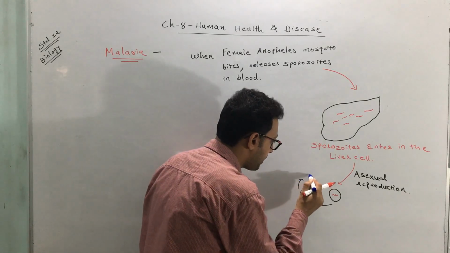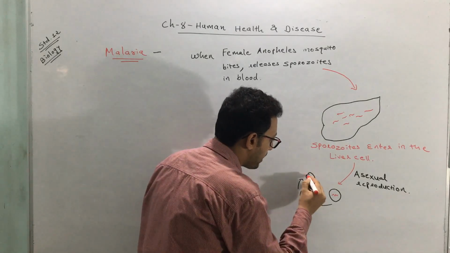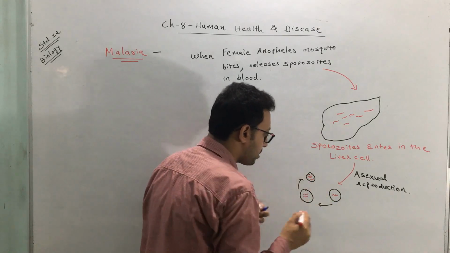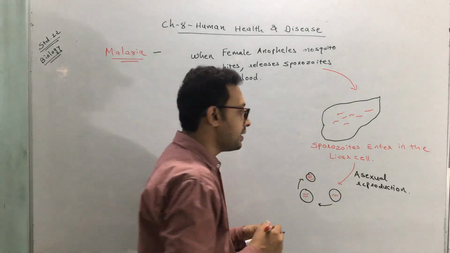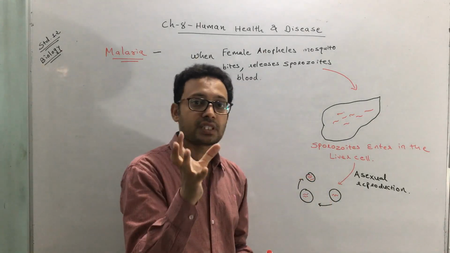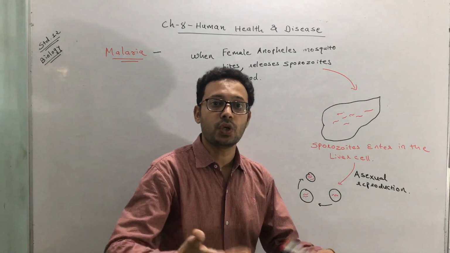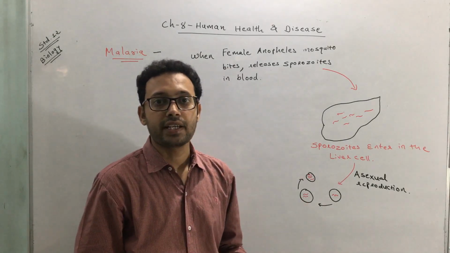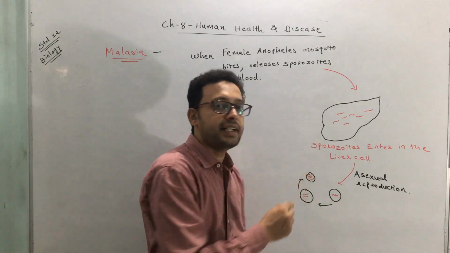Again it will multiply. So their numbers are increasing by reproduction, and ultimately that leads to a bursting of the cell, because their numbers are increasing at such a high rate that the liver cell cannot accommodate them.